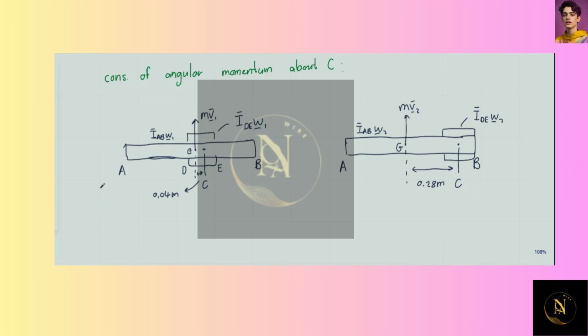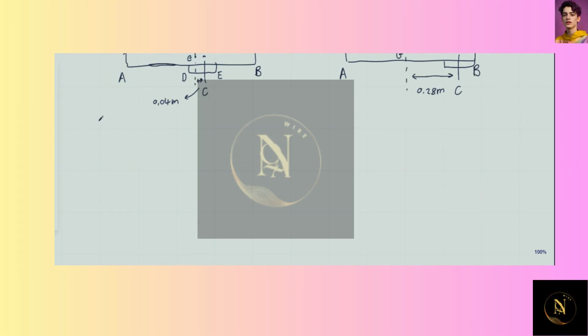From here, we can take moments about C, but we'll first find the moment of inertia of AB about the center of AB, and this is 1/12 multiplied by the mass, which is 3 kg, and multiplied by 0.8 meters, the length of the rod, squared.